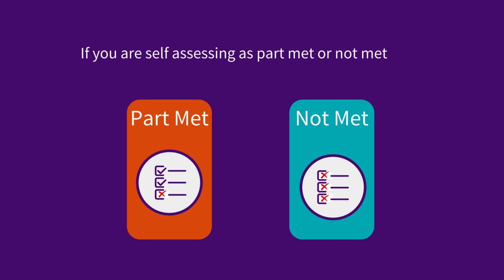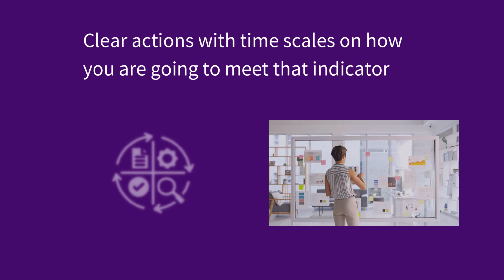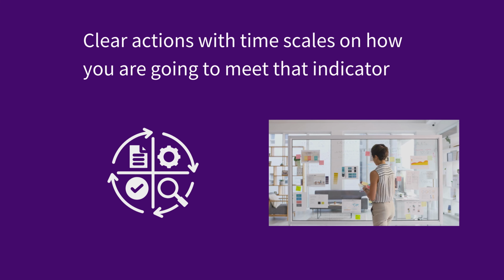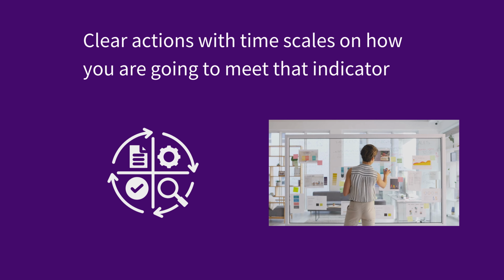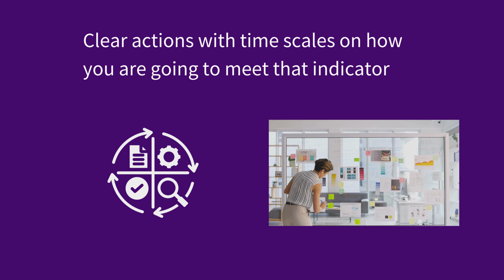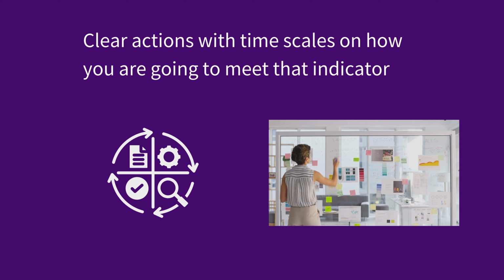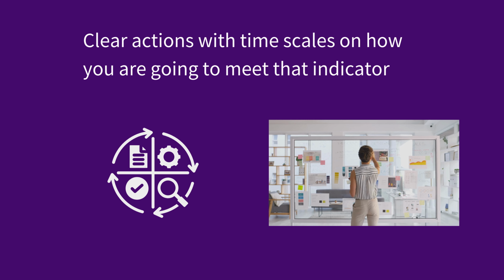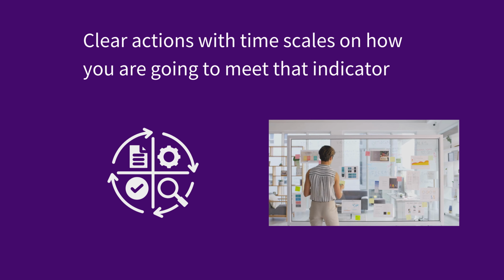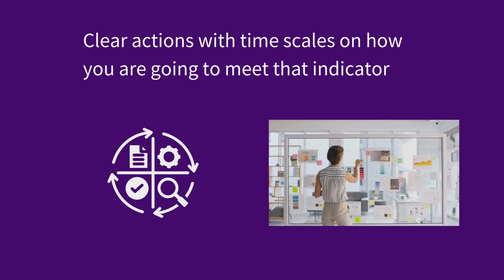And if you are self-assessing as either part met or not met, then just make sure there's clear actions with timescales in your self-assessment so that we know as the quality team that you've identified this and that you have a plan in place on how you're going to meet the requirements of each indicator.